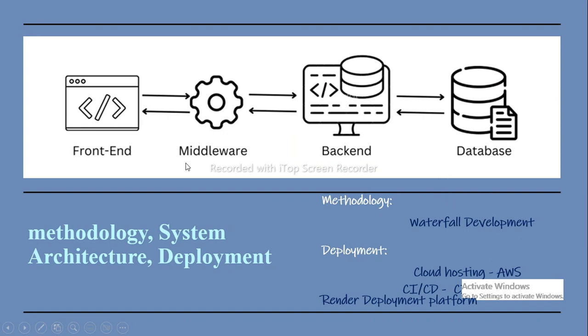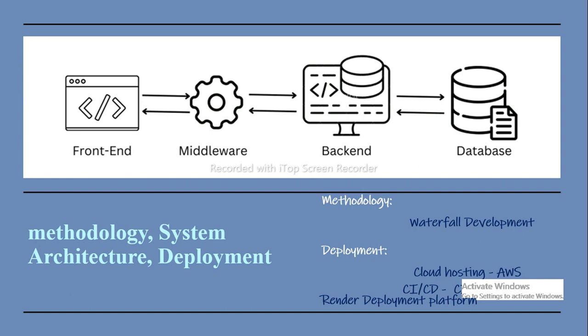When it comes to methodology, system architecture and deployment, I chose waterfall development as the methodology. And when it comes to system architecture, this image shows the system architecture. The front end will pass data back and forth with the middleware, the middleware passes data back and forth with the backend, and the backend passes data back and forth with the database.